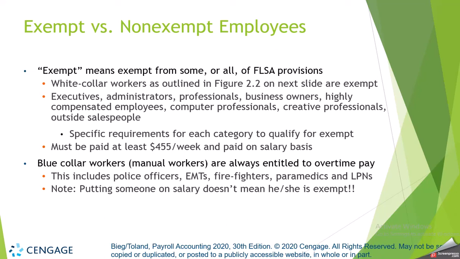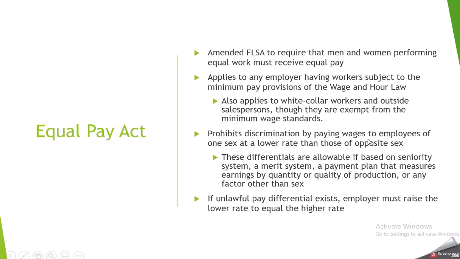Now, blue-collar workers are always entitled to overtime pay: police officers, emergency medical people, firefighters, paramedics, nurses. Even if they put you on salary, you should still get paid overtime.